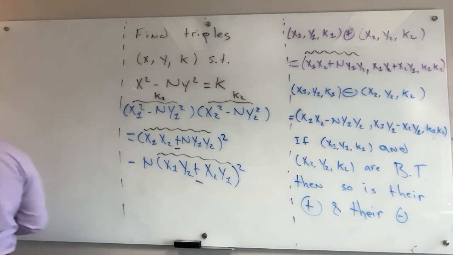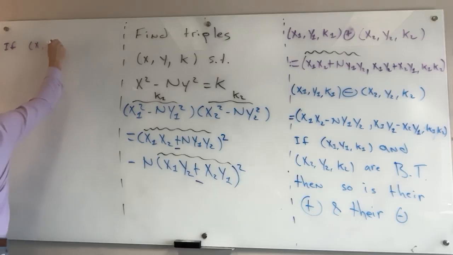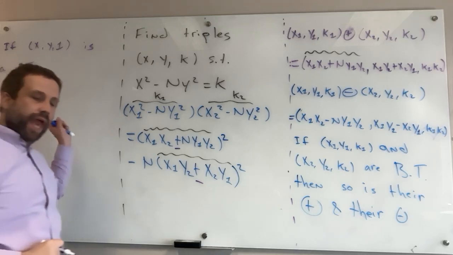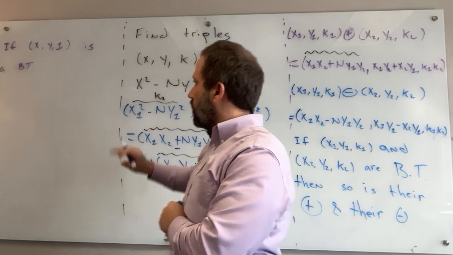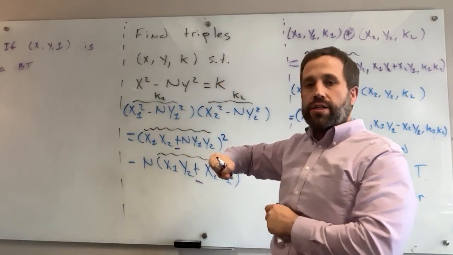So let's say if x, y, 1 is a Brahmagupta triple, and this is like the winning triple because k is equal to 1. That's the one we're looking for. x squared minus ny squared is equal to 1.